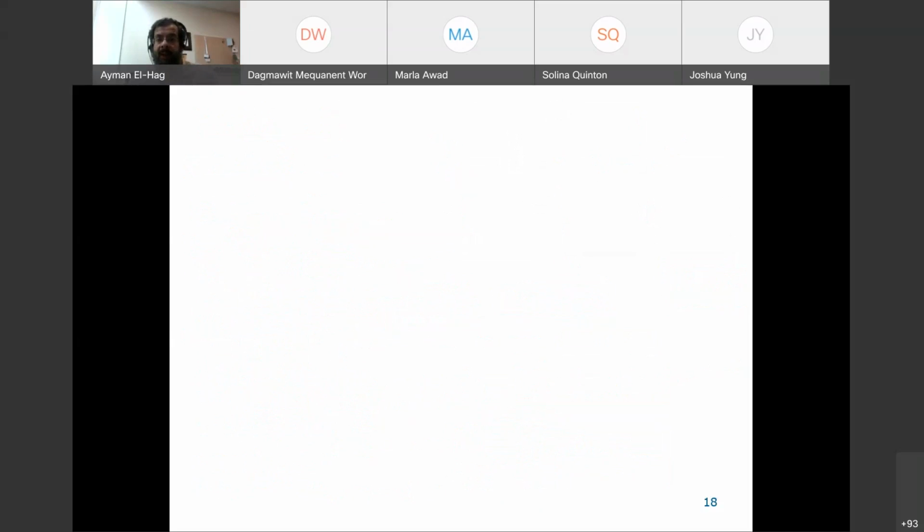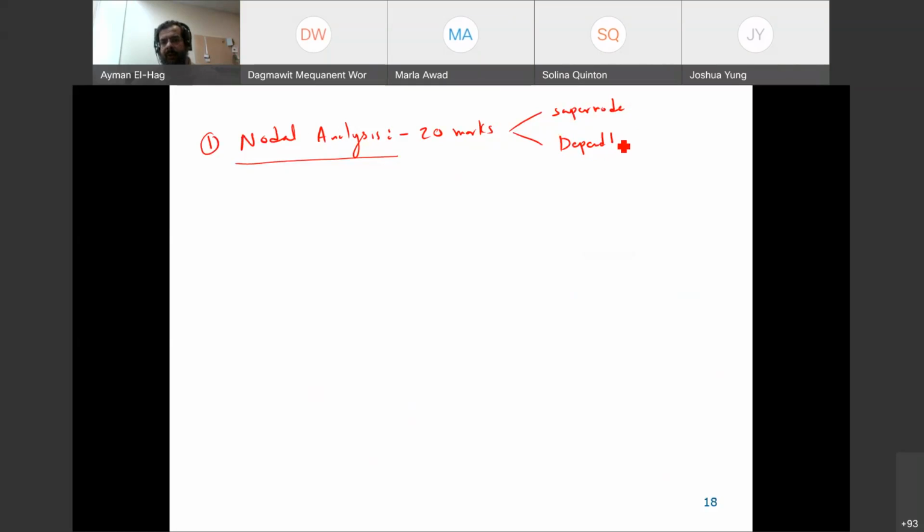Okay. Now let's go to the real deal and let's go to the midterm. So there's no other question. The midterm will have the following number of questions. The first will be one question on nodal analysis. This will be 20 marks out of 100, and you could have a supernode or you could have a dependent source.